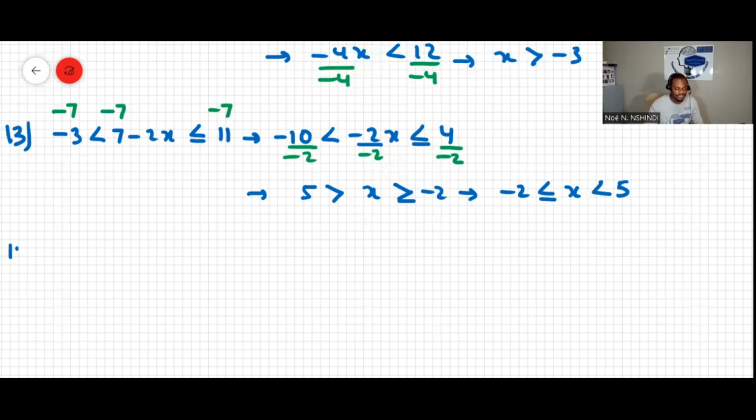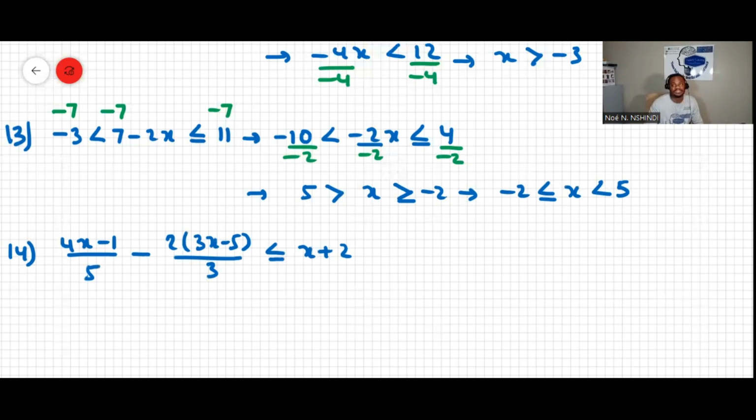And then question 14, we have 4x minus 1 over 5, minus 2 open bracket 3x minus 5 over 3, less than or equal to x plus 2. In this case, we are going to make the denominator common.